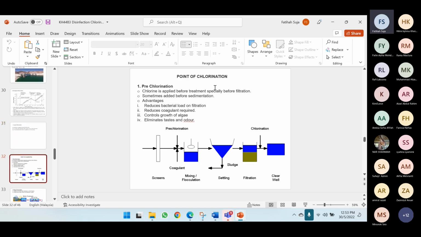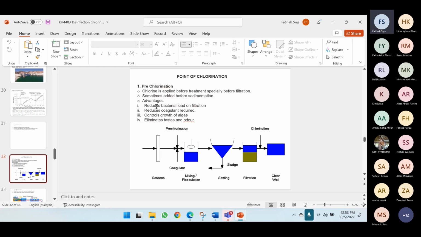Okay, for the point of chlorination, where do you want to put your chlorination in your treatment plant? You can use it for pre-chlorination, meaning that chlorine is applied before treatment, especially before filtration, sometimes added before sedimentation.